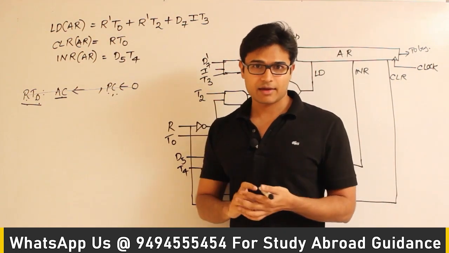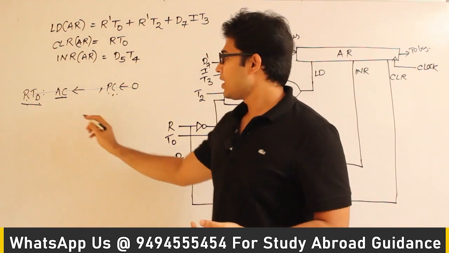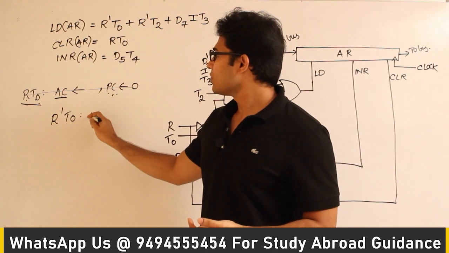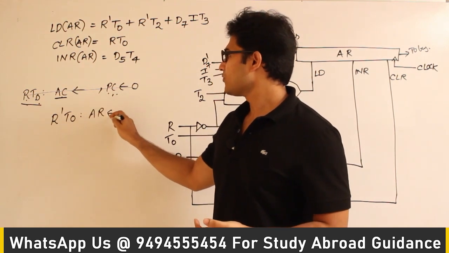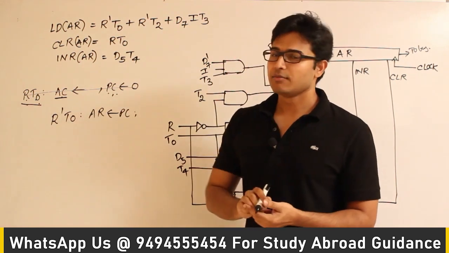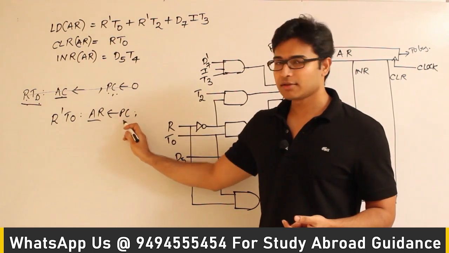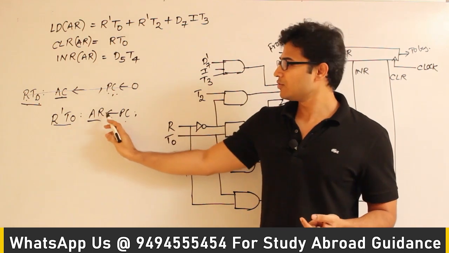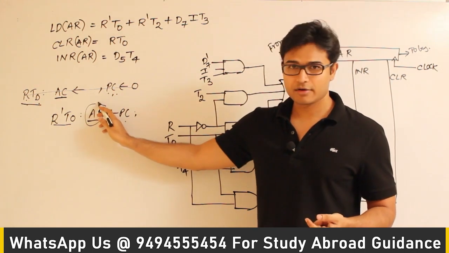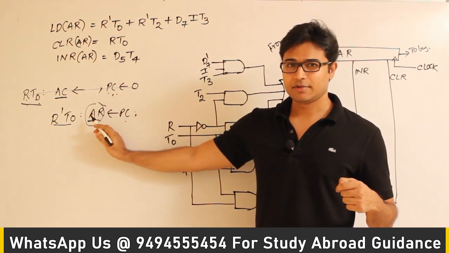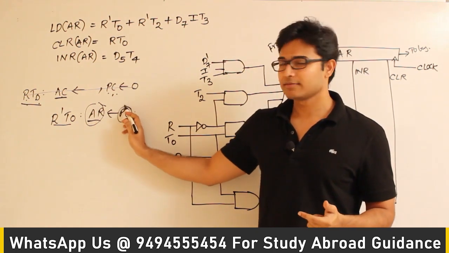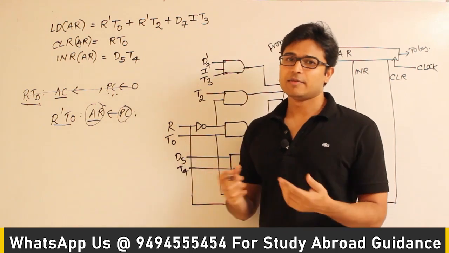Now if you go back and see the fetch cycle, I told you that in R'T0 we are going to load AR with PC. Because of this particular load action at this particular time, we are going to enable the load input of AR. At the same time, in the bus select input, you will be selecting PC. Got it? That is how it will be done.